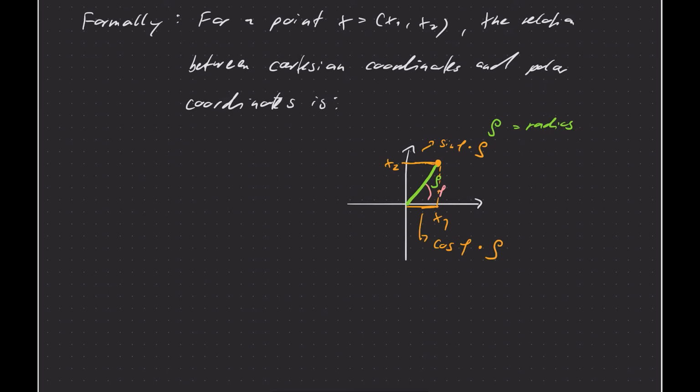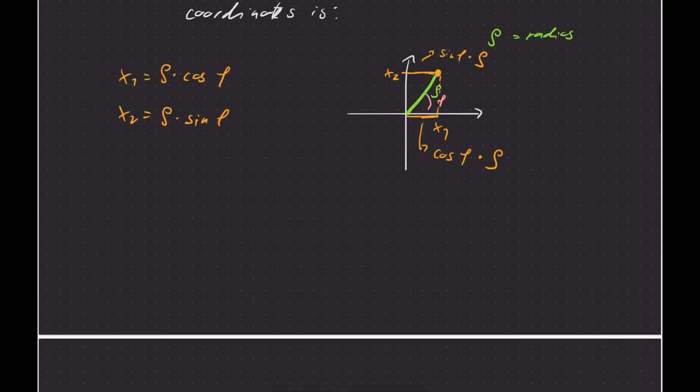Okay, so there is the relation between those two. So x1 is rho times the cosine of phi, and x2 is rho times the sine of phi. So these two equations connect Cartesian and polar coordinates. And of course we can use that to solve for one or the other.